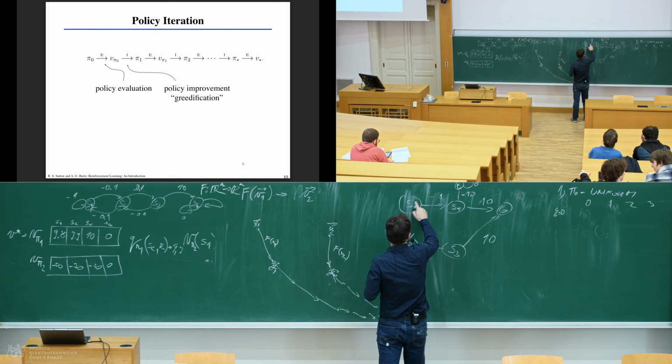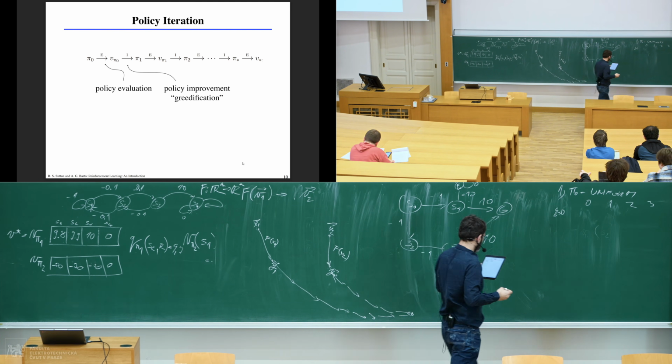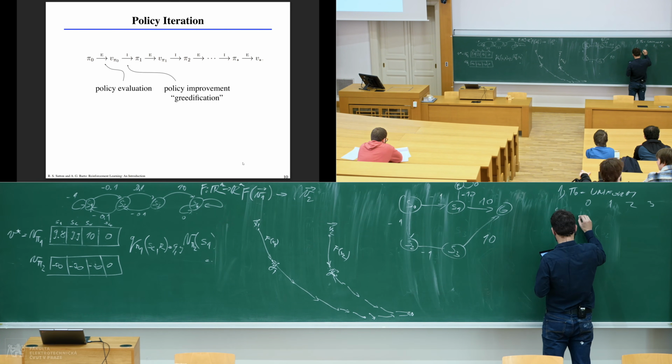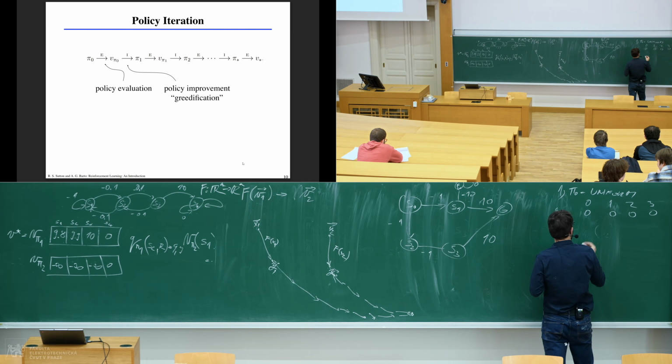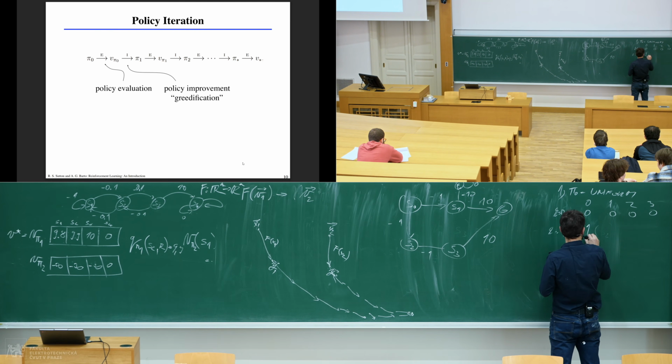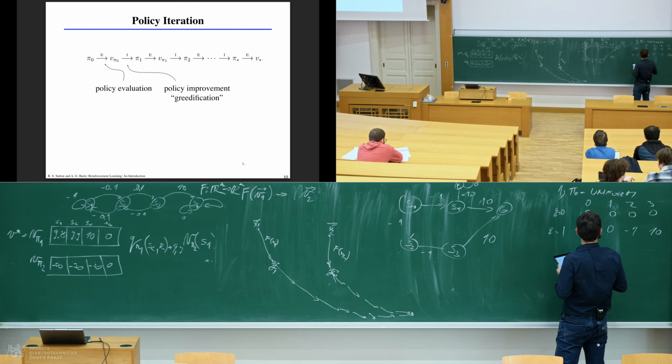So we will pay -1. The initial values are 0, 0, 0, 0. In the first step, it will be -1, 0, -1, 10, right?